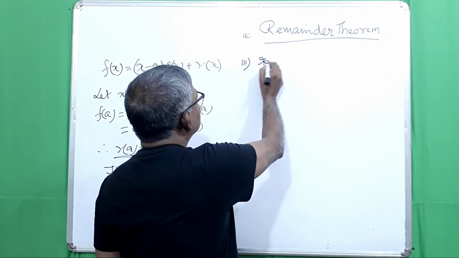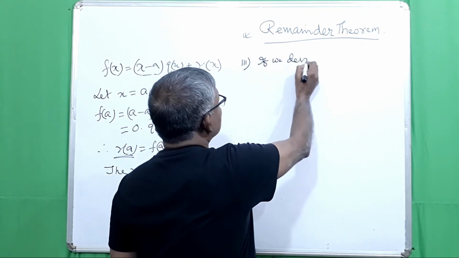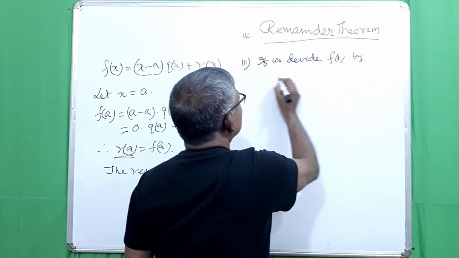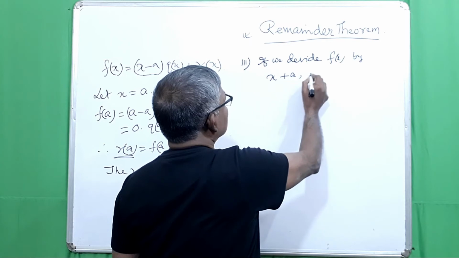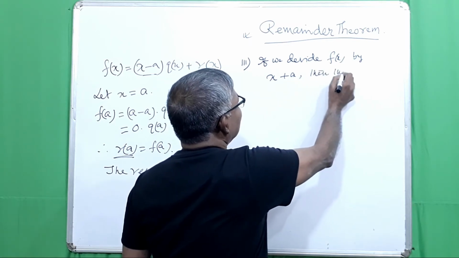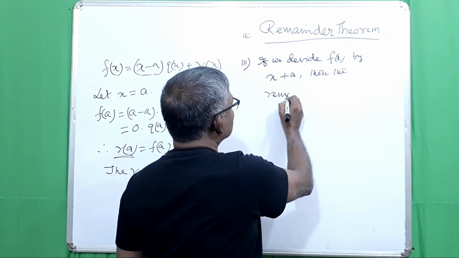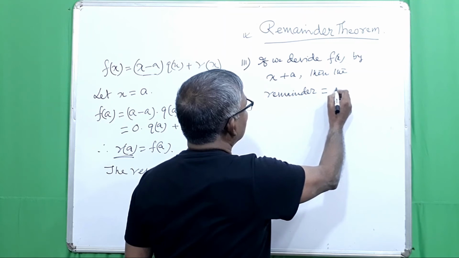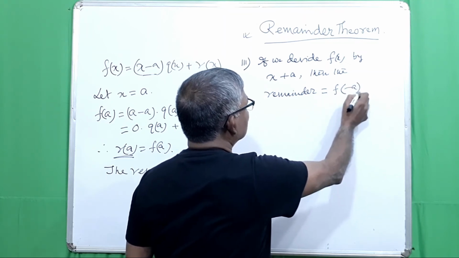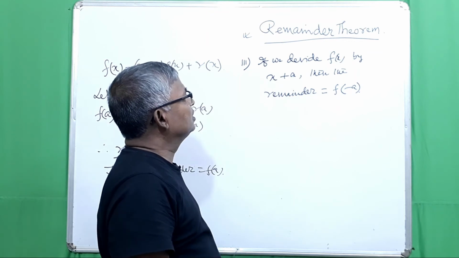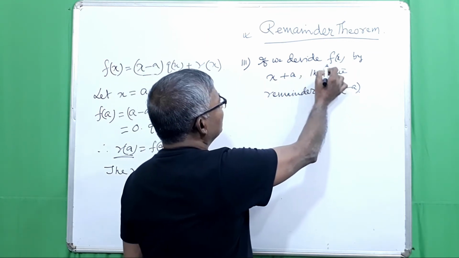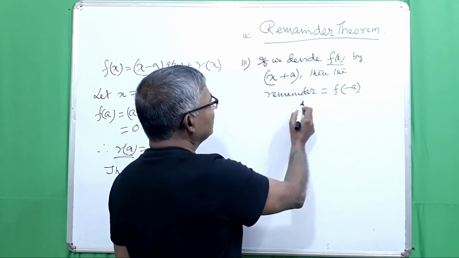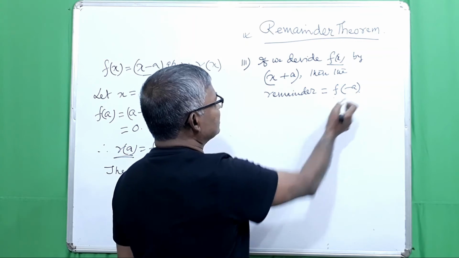If we divide f(x) by x plus a, then the remainder would be equal to f of minus a. Students, if we divide the polynomial by x plus a, then the remainder will be f of minus a.